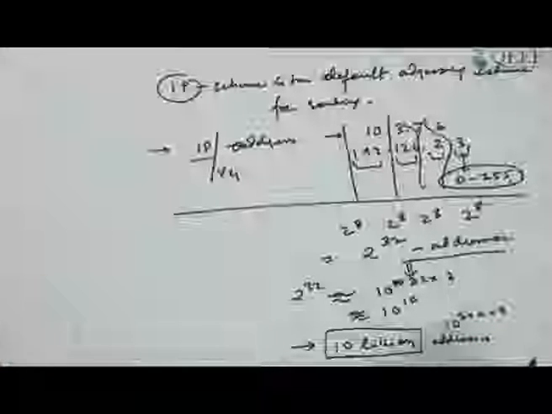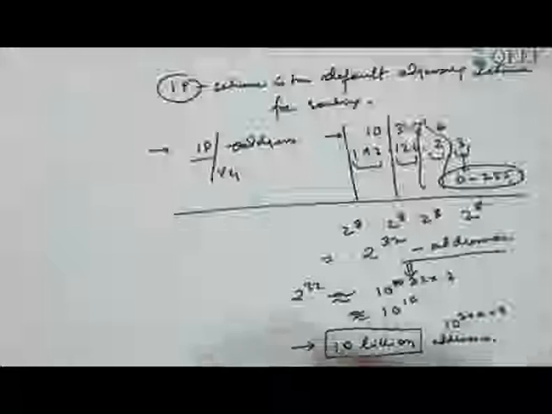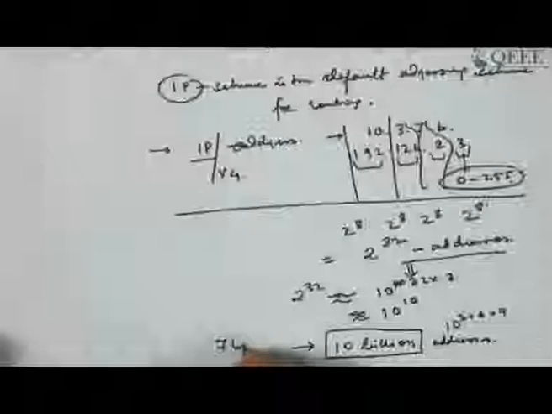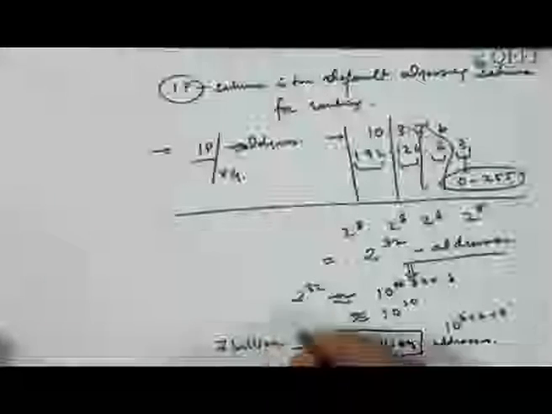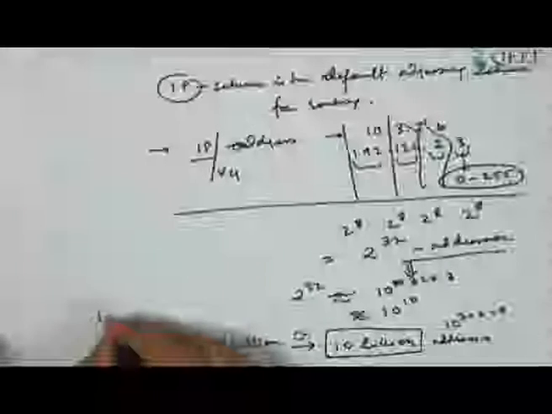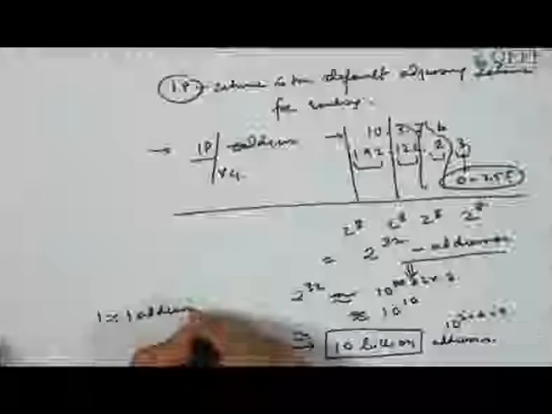Roughly how many people are there in this world? Around 7 billion. So it is roughly 1:1, an address is possible.